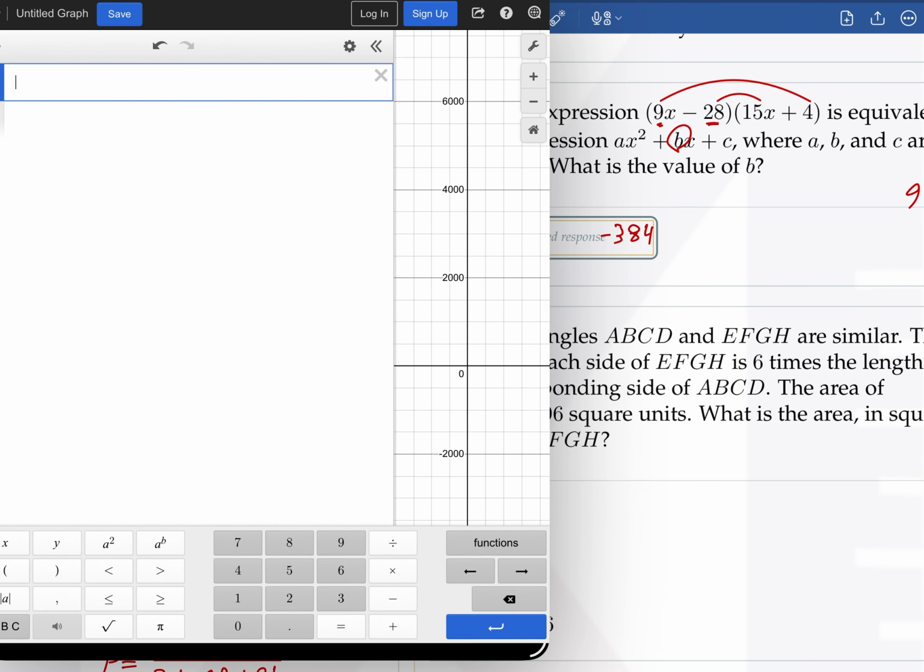We can start by writing the parentheses like this. Inside we can write 9x1 minus 28. And in the other pair, we write 15x1 plus 4.